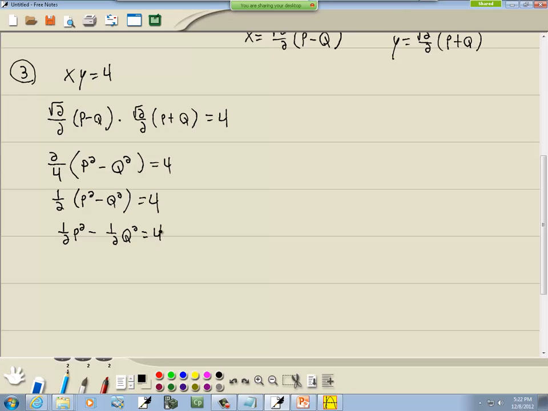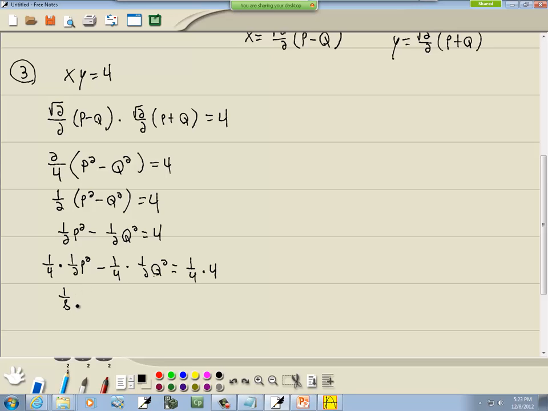And I want a 1 on this side. Because if you look at this form, this is a hyperbola. Remember, you got something squared minus something else squared equal that. You want to get a 1 over here. So multiply everything by 1/4. So we got 1/4 times 1/2 p squared minus 1/4 times 1/2 q squared equals 1/4 times 4.